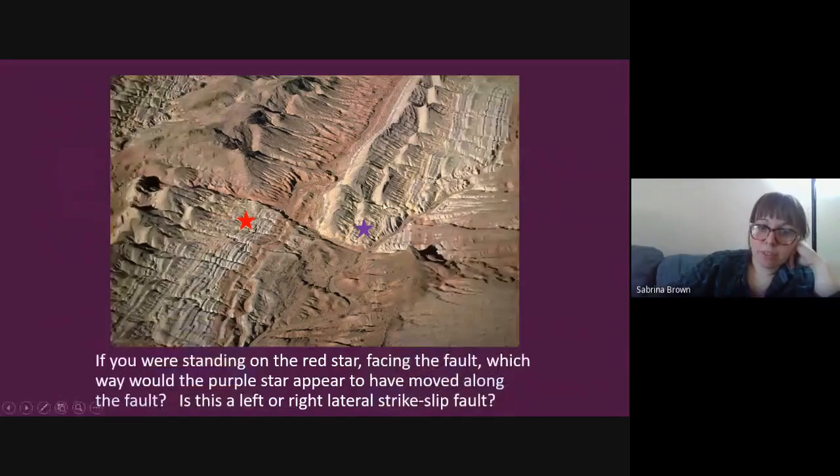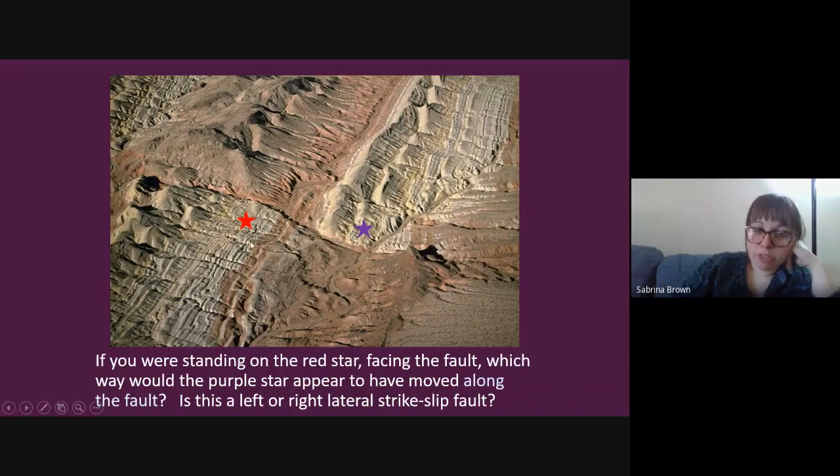All right, so let's say here's an example of a strike slip fault. Here is our fault line. We've got these marker beds. Here's some good marker beds. See how they're displaced.